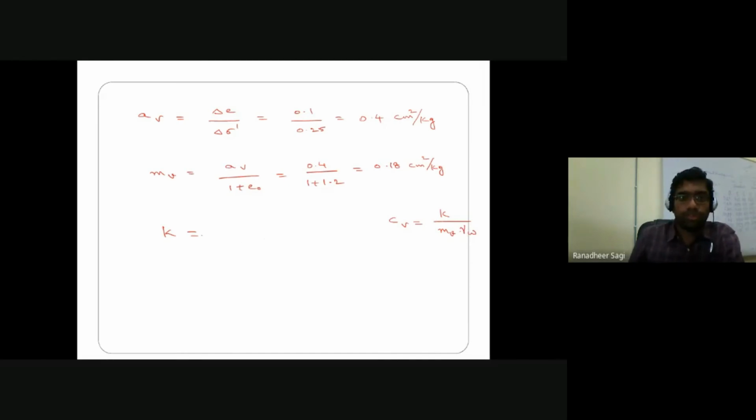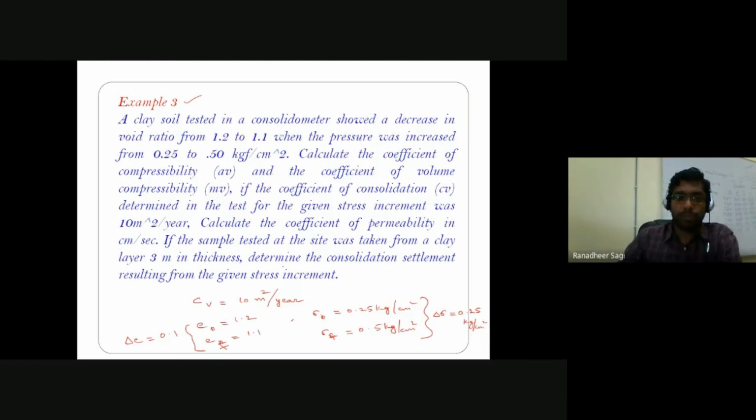Okay, so from here I can say K is CV into MV into gamma W. If I am wrong, please do correct me. The CV data is already given, MV is what you have calculated, and gamma W is a standard value. CV is given as 10 meters square per year, but the coefficient of permeability you want to calculate is in terms of centimeters per second.